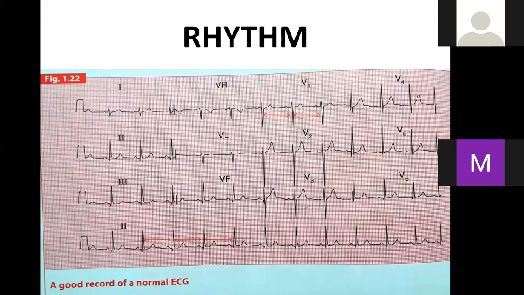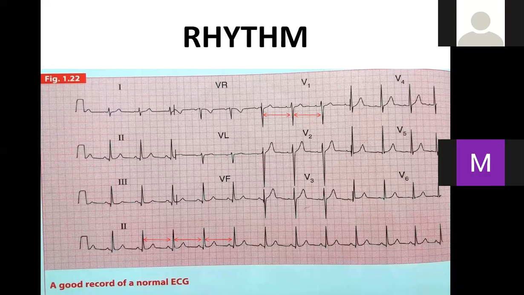Another thing to mention is that whenever the rhythm is supraventricular, that means above the bundle of His, or above the AV node, or in the AV node, the QRS complex will be short. It will be narrow. But whenever the rhythm is ventricular, the QRS complexes will be wide.